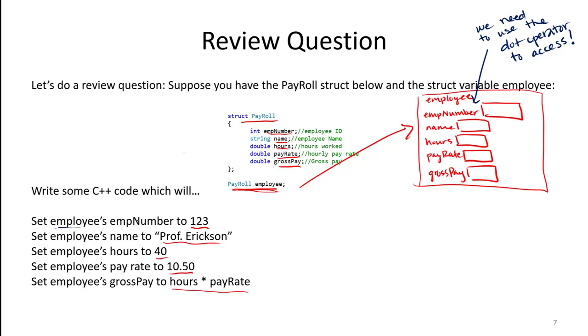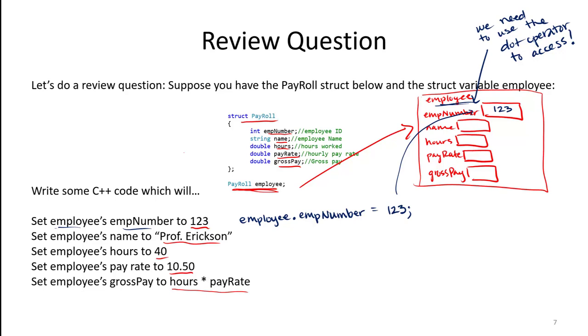If I want to set employee's emp number to 123, I need to write the code employee.empnumber equals 123. That will go to my employee variable and go to emp number and update emp number to contain 123.